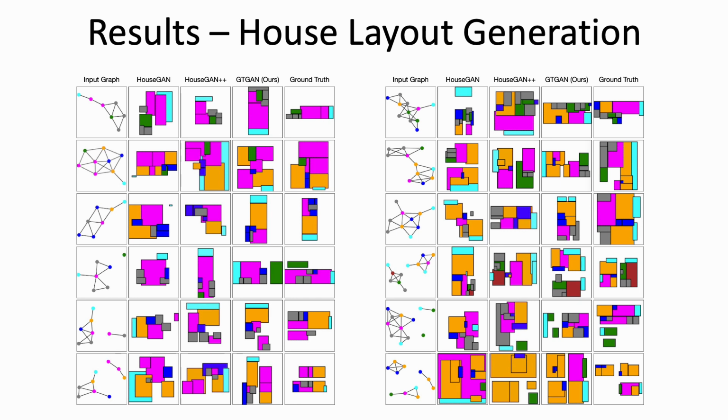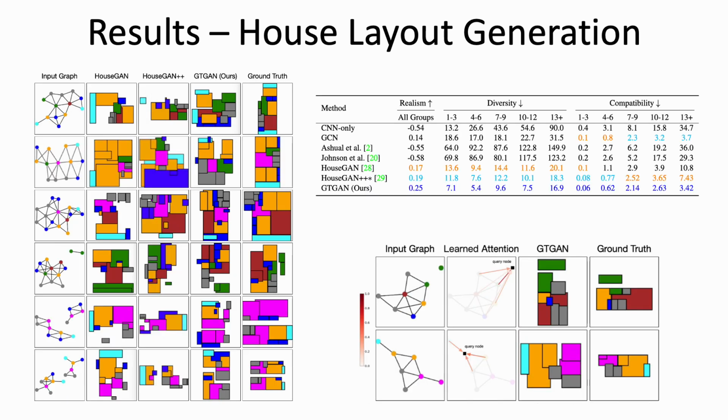So let's see more results. The right table shows our main results on the 5 subsets. We observe that GTGAN outperforms other competing methods in all the metrics, validating the effectiveness of GTGAN.